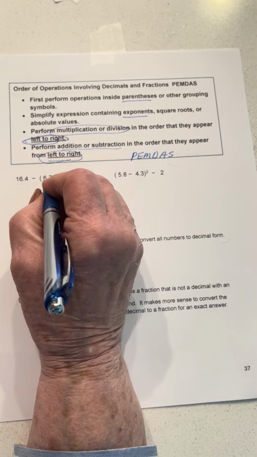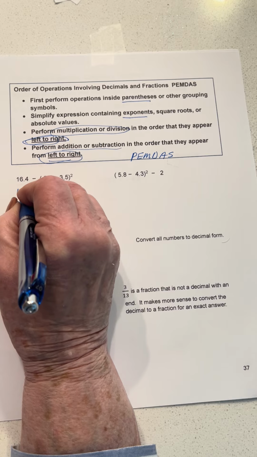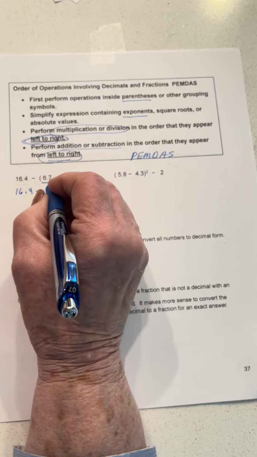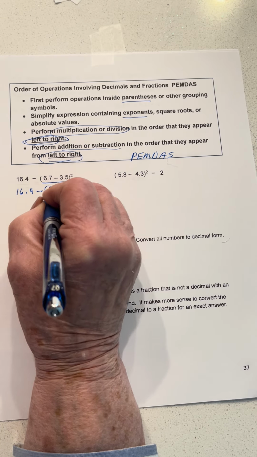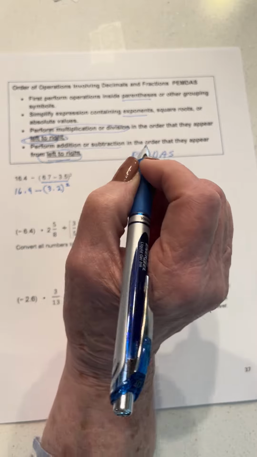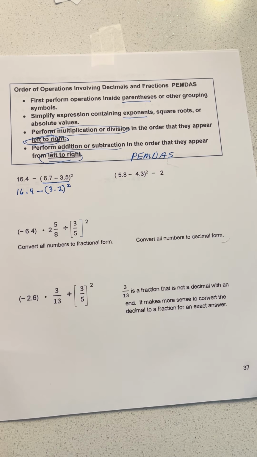So when we look at this, we'll do the parentheses first. And this would be that squared. So we'll do our exponent next. I'm just going to use my calculator.